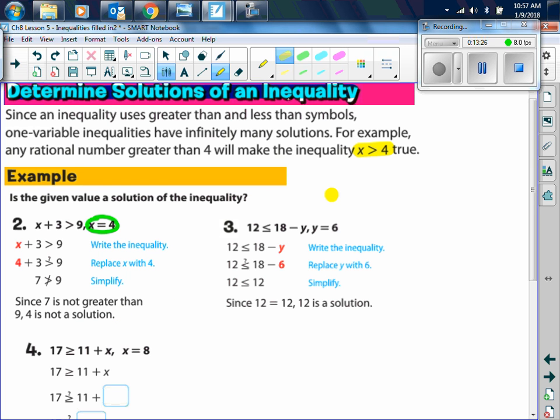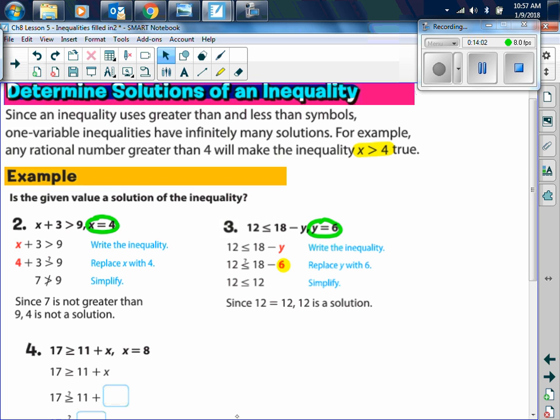The next one we're going to compare, for example 3, is y is equal to 6. So we want to see if 6 is a solution to 12 is less than or equal to 18 minus y. So we're going to take that 6, substitute it in for y, and then simplify. So 18 minus 6, of course, is 12, right? So 12 is less than or equal to 12.